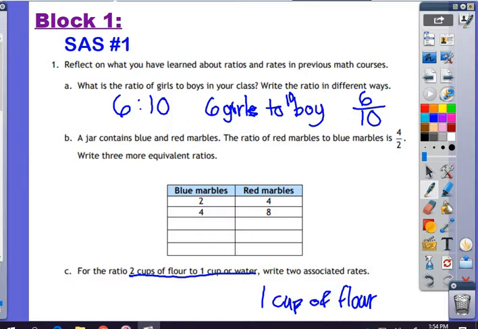How much water would be needed? Half a cup. So a half a cup of water to 1 cup of flour. Do I still have my 1? Yes, so it's a rate.